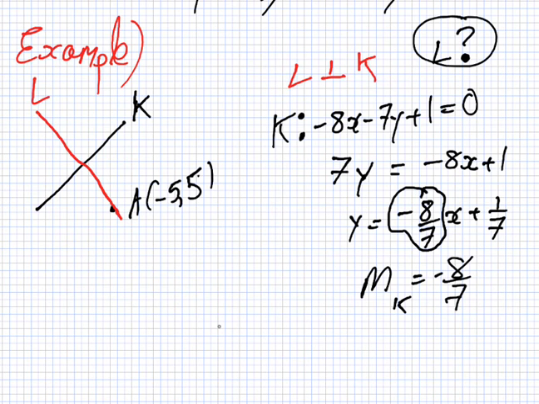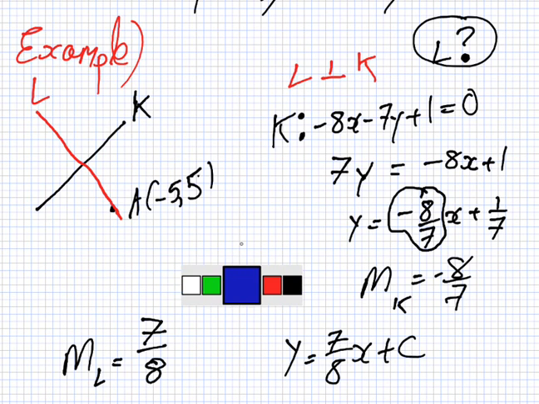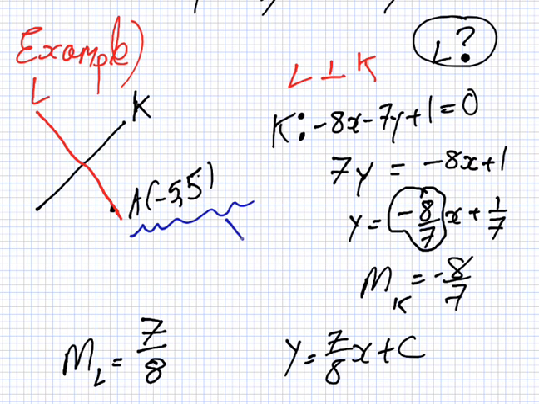Okay. So what's the slope for L though? 7 over 8. It's 7 over 8, isn't it? Right, so I have y equals 7 over 8x plus c, and I find the c how I always find my c, I take my point and I put it in.